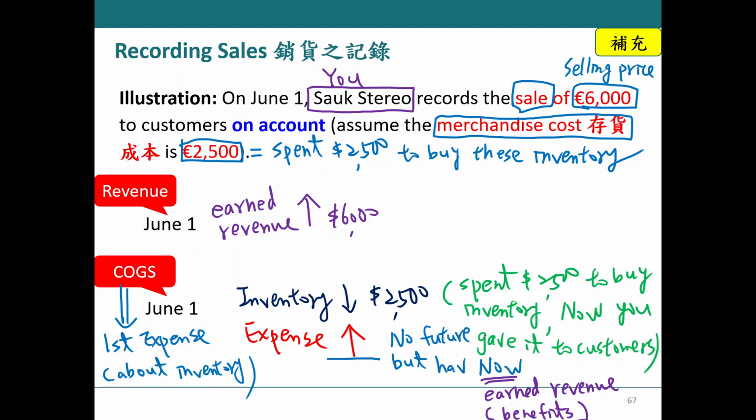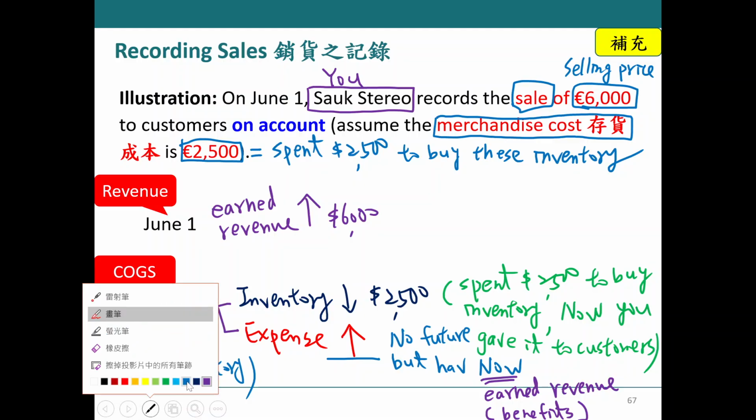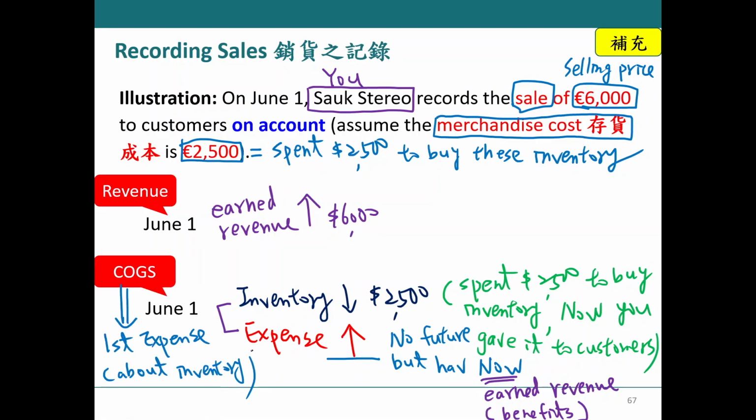Okay, so your asset inventory decreases, at the same time expenses increase, right? And this kind of expense about inventories, we call it cost of goods sold because this is about inventory. Okay, so about the second thing, cost of goods sold, inventory decreases at the same time cost of goods sold increases.